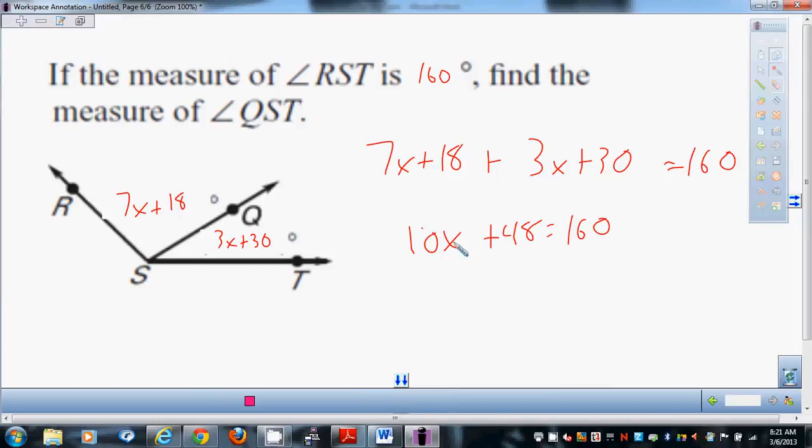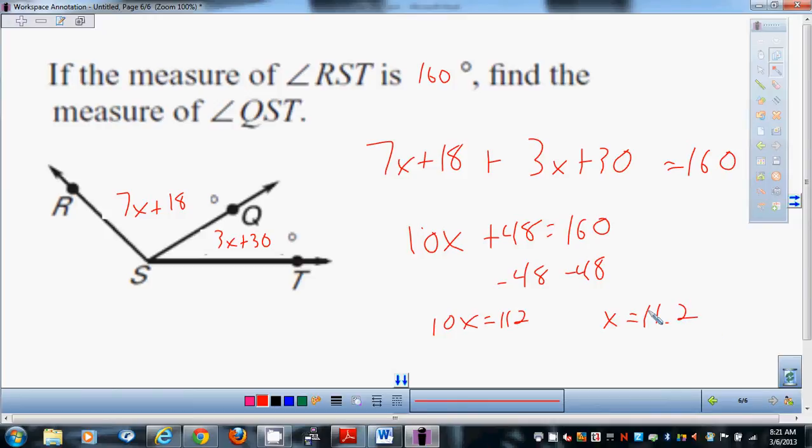Is that 112? Divide by 10, it's 11.2. Are we done? No. What do I have to do? For which one? QST. Very good. 3x plus 30. So that's 3 times 11.2 plus 30. So that's, somebody punch it in for me. Very nice. 63.6 degrees would be your final answer.